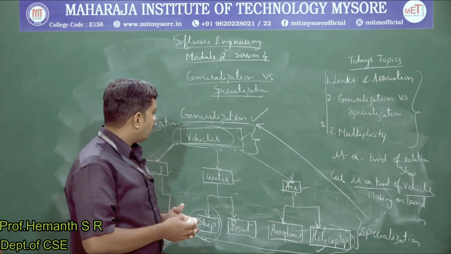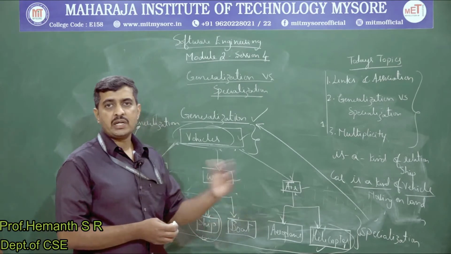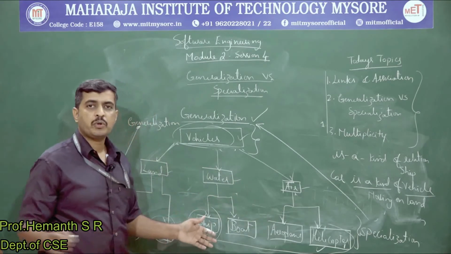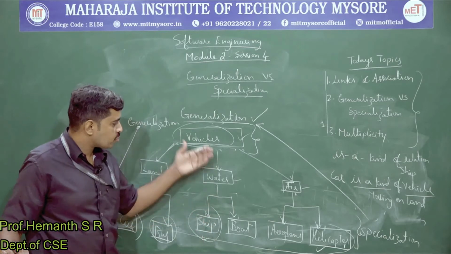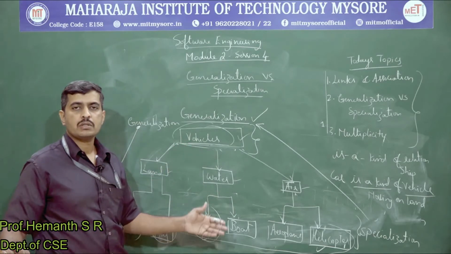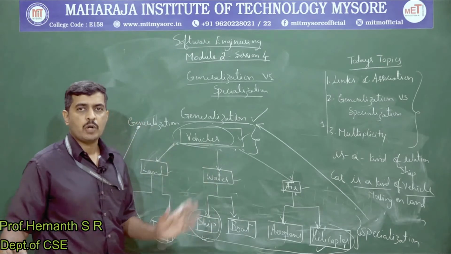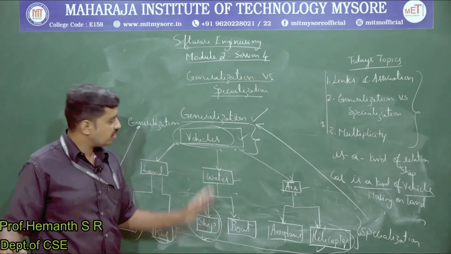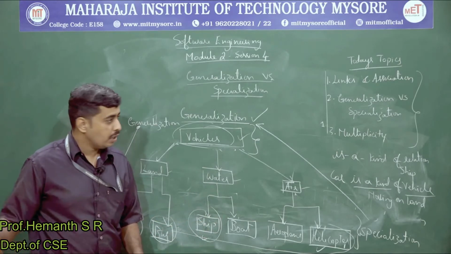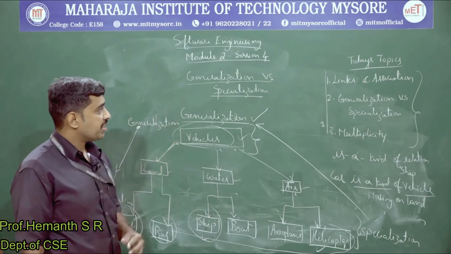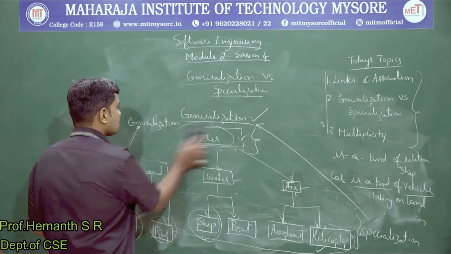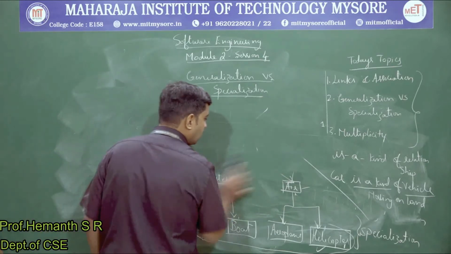In either case, the properties and attributes are carried from a superclass to a subclass, or vice versa, that is from a subclass to a superclass. Properties and attributes which are common will be carried. So this was the very first topic under discussion.